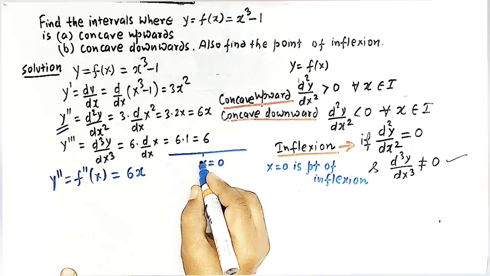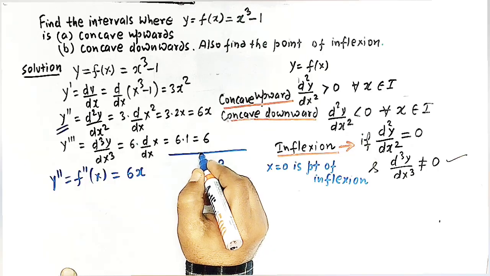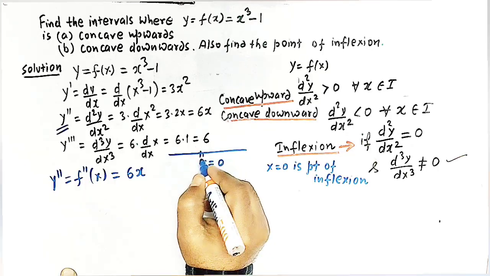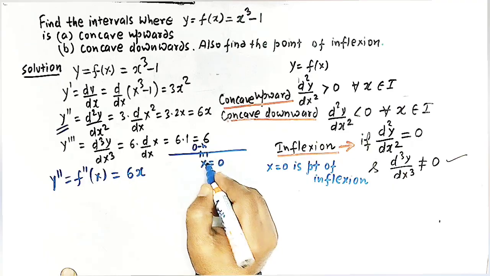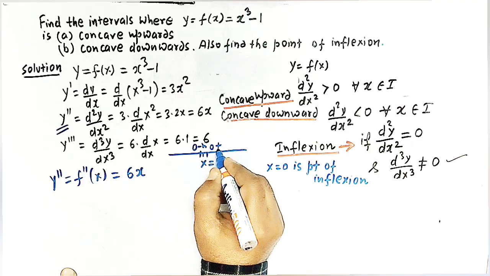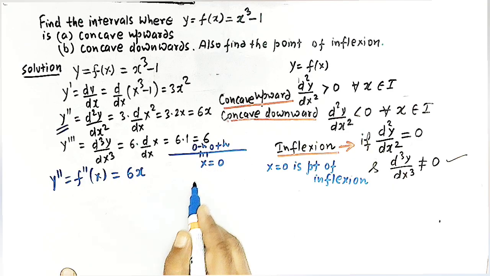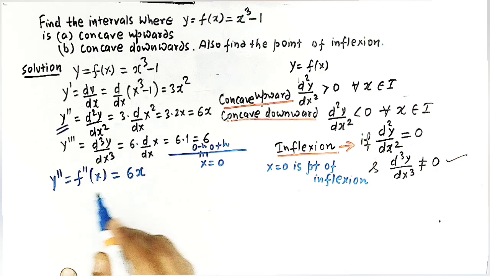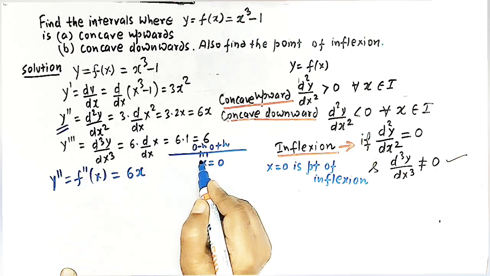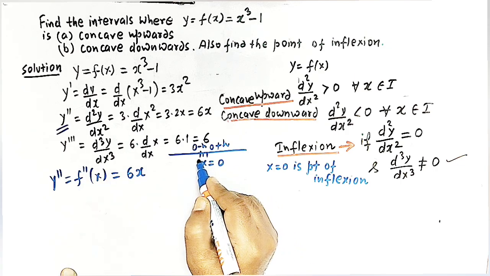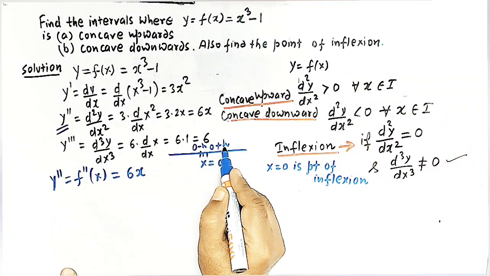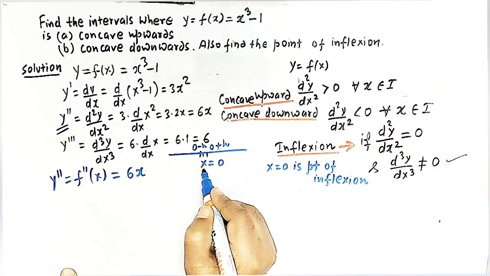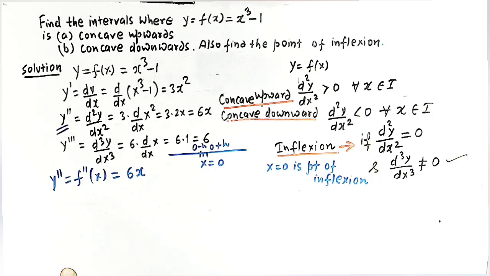So let us take 2 points in the neighborhood of x is equal to 0. So here we have the point, say 0 minus h, and here we have the point 0 plus h, right? And let us see the behavior of the second derivative when we go from 0 minus h to 0 plus h, right? That is crossing x is equal to 0.